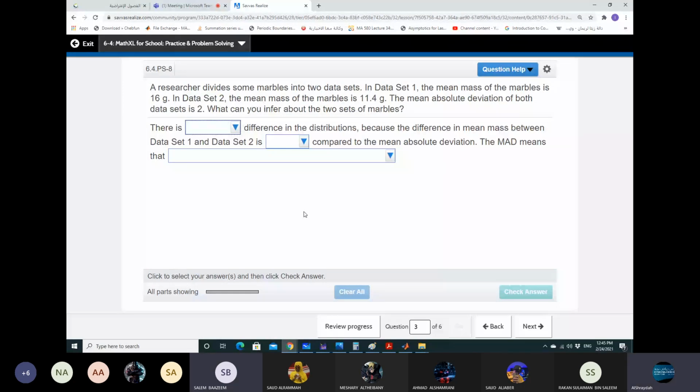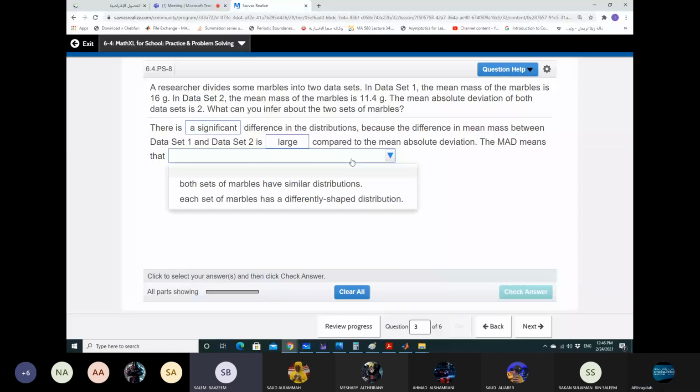There is a significant difference in the distributions because the difference in mean mass between data set 1 and data set 2 is large compared to the deviation. The MAD means that each set of marbles has a different or similar distribution.